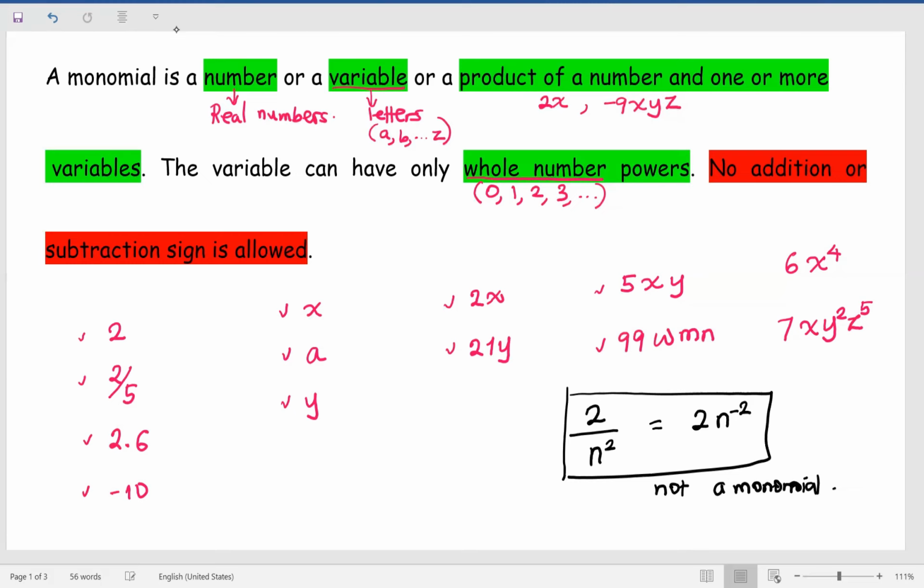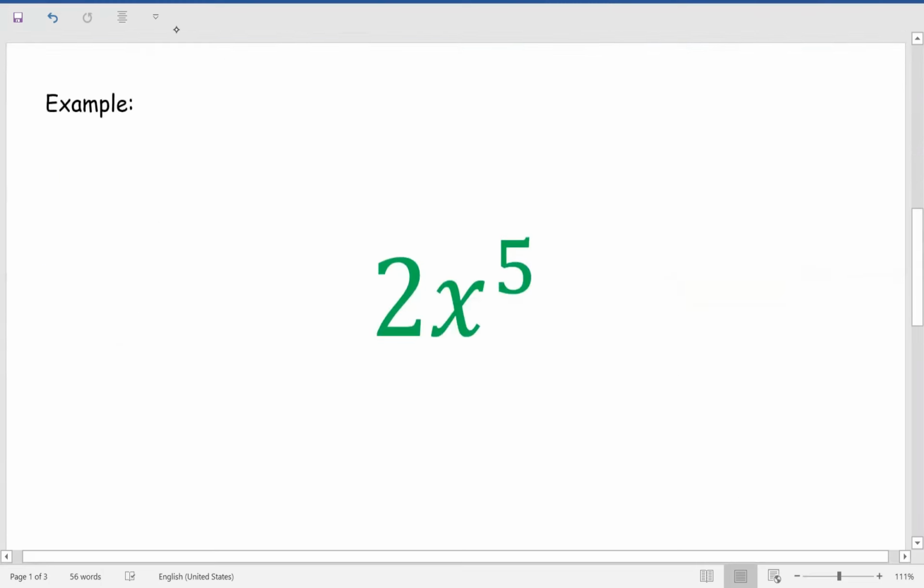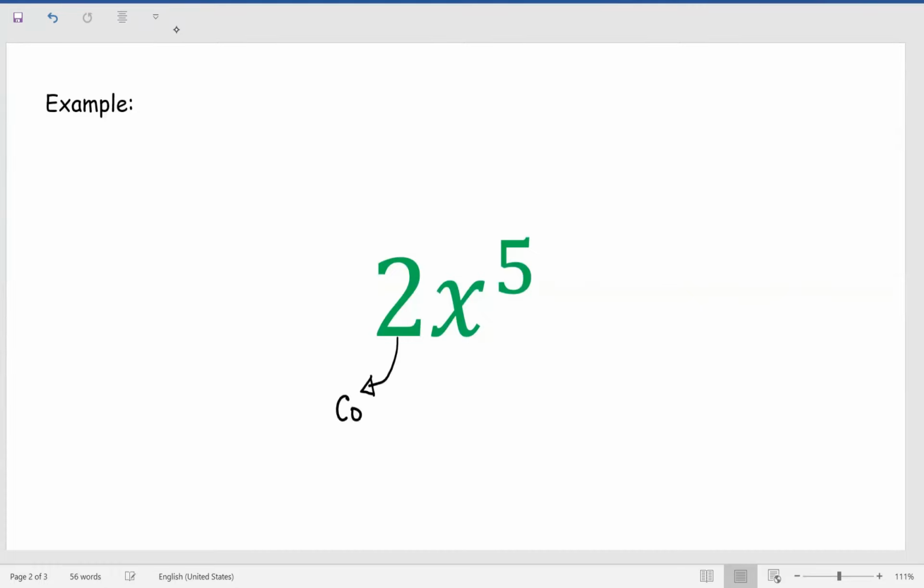Okay. Now, an example of a monomial here, let's say 2x to the power of 5. We say that this 2 is known as the coefficient. So the coefficient will be the number behind the variable. So remember, variable, we know that it is the letter. So here, x will be the variable.